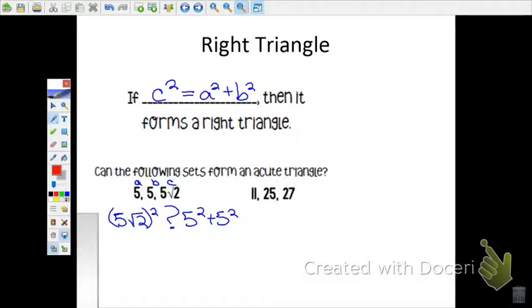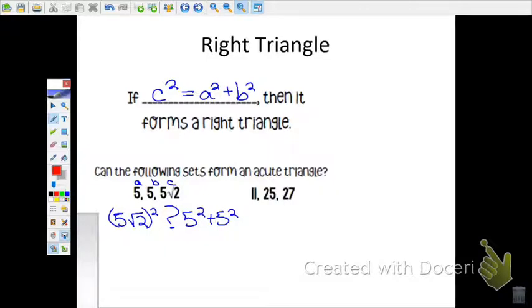Doesn't the radical sign and the exponent cancel each other out? Okay, so it will here, but we're squaring this whole thing. Yeah, so that's 25 times 2. Okay. So, a couple ways that you can think about this.